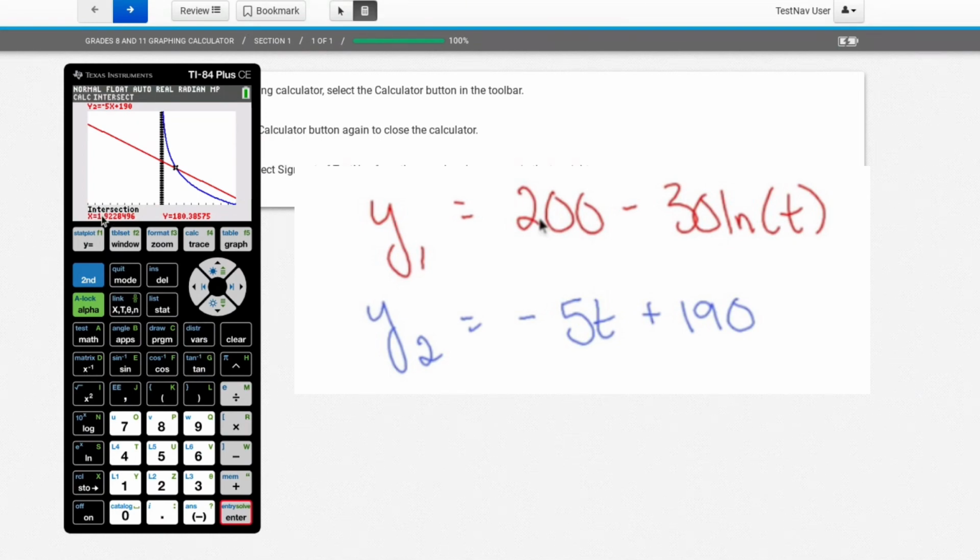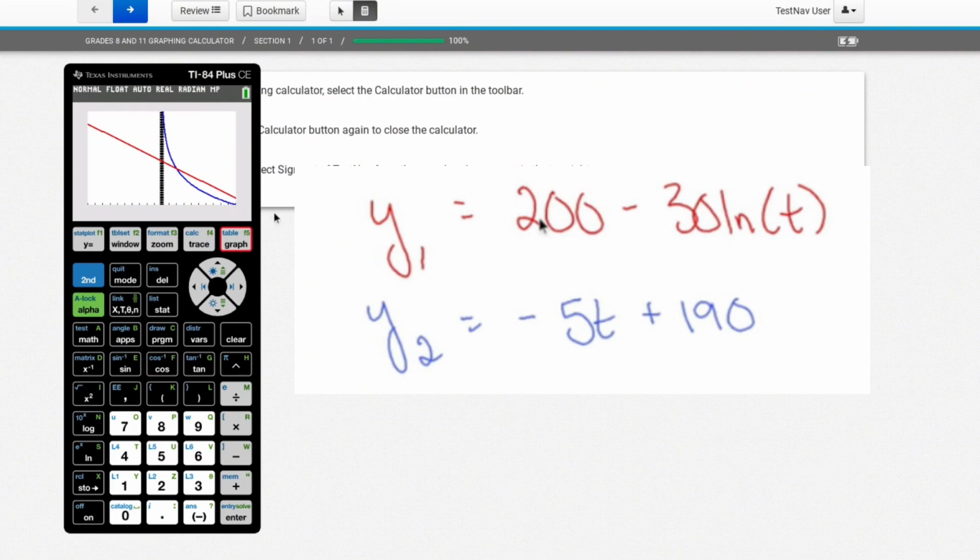This isn't my answer. Now, if I notice my graphs, this is the ln one, and since it's negative ln, that's why it's curling down like that. It's doing the mirror reflection over the x-axis. This is the linear guy. This is probably going to keep going down and to the right, and this is going to keep leveling out.